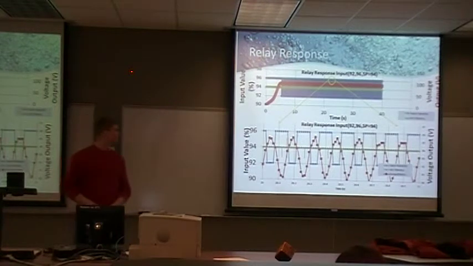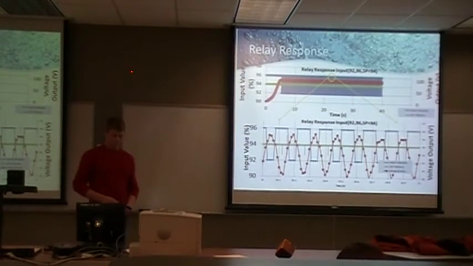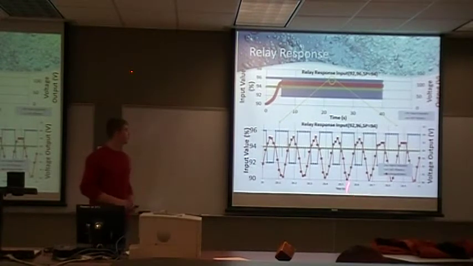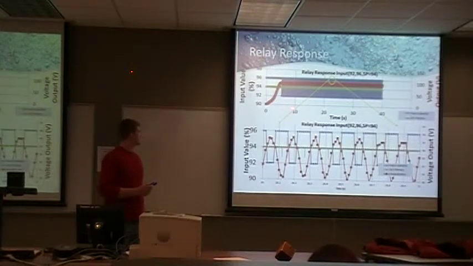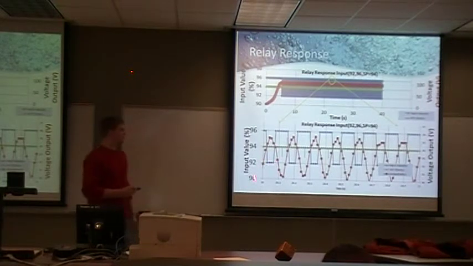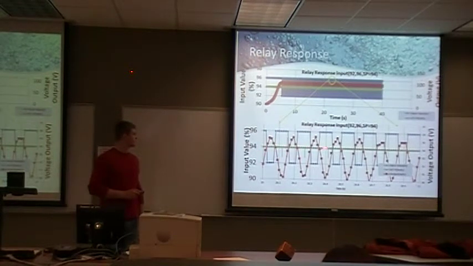After analyzing our system with a sine input, we analyzed it with a relay response. For those not familiar with a relay response input, it has a floor value, shown in this graph, of 92, and a ceiling value of 96%. And there's a set point with an output of 94 volts, and the input rises to the ceiling value until the output exceeds the set point.